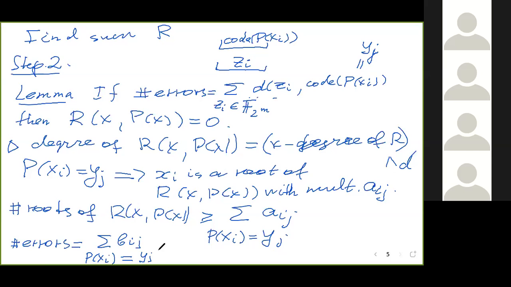So we consider all points on the graph of our polynomial and sum up all Bij's.